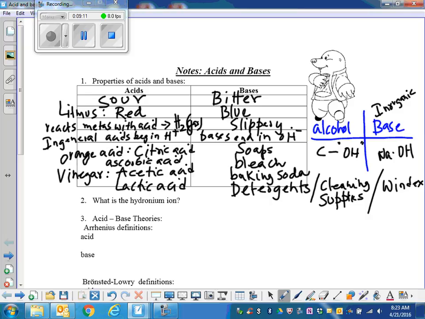Now, what is a hydronium ion? We talked about acids as those substances that contain a hydrogen ion. Is that right? When you add that substance, you say it's hydrogen plus, all right? But scientists have tried to find evidence of hydrogen plus in solution. They say you really cannot find hydrogen plus because it's too small an entity to exist by itself, all right?